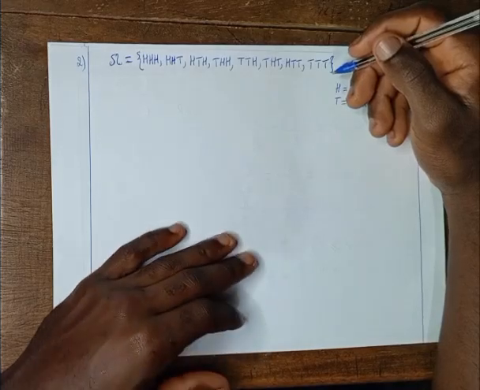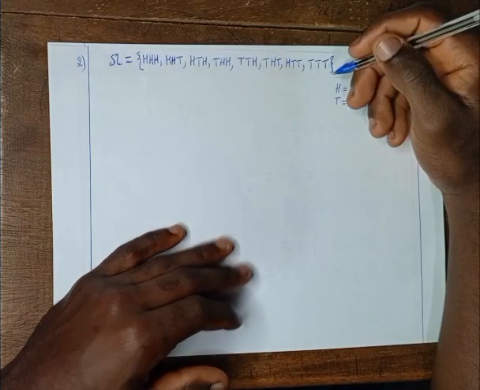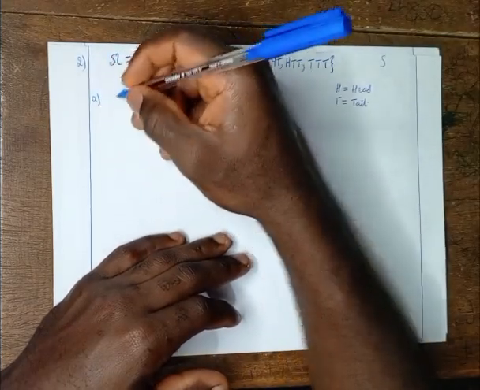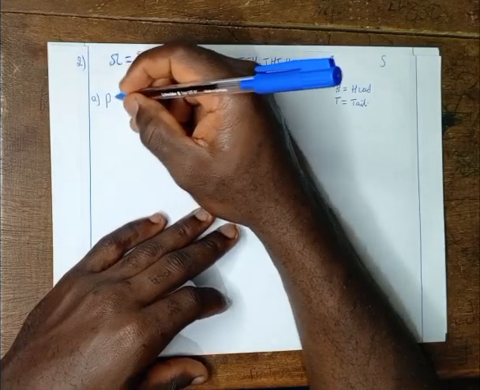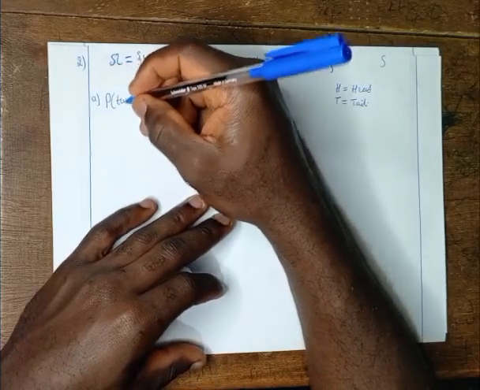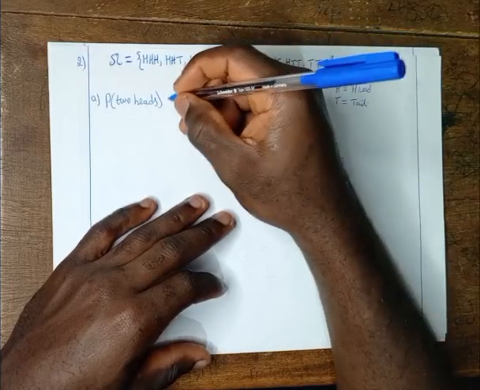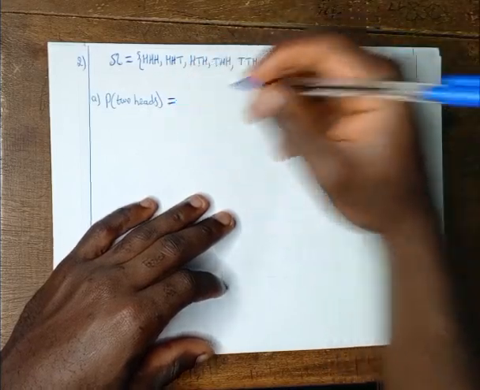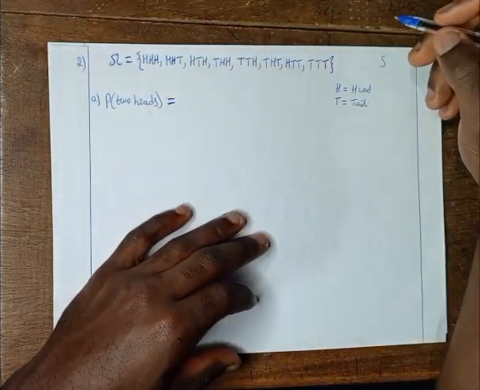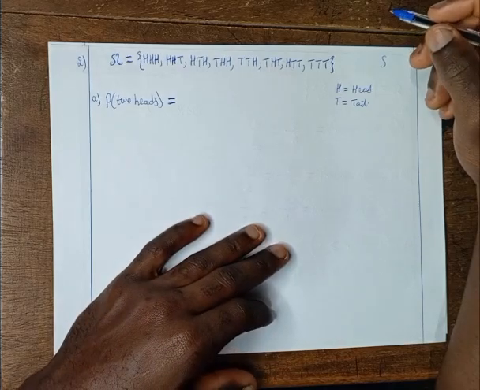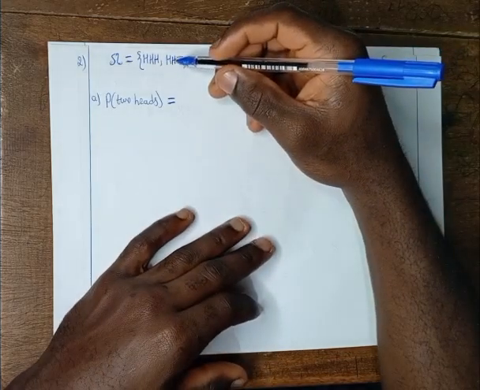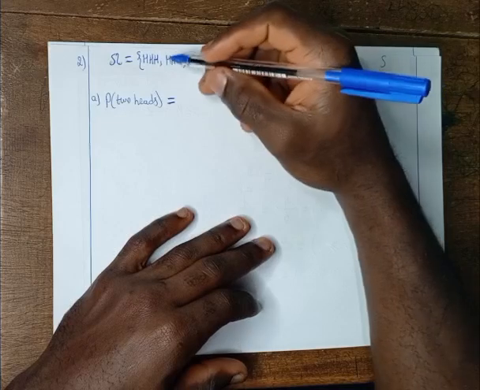Now we can proceed to find the probability of getting, question A says the probability of getting 2 heads, P of 2 heads is simply equal to, we are going to count all the outcomes where we have 2 heads. Here we have 2 heads. So I will count this one.